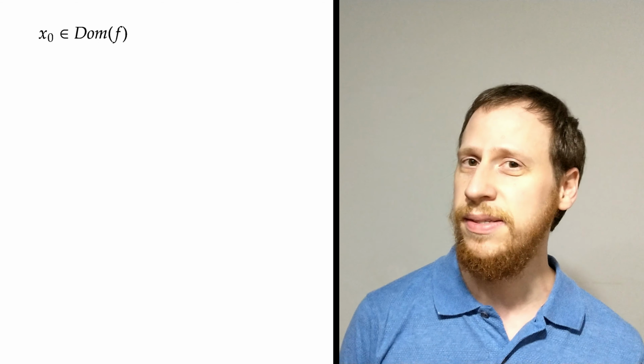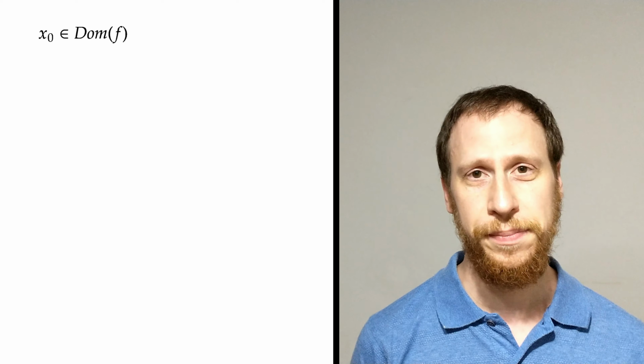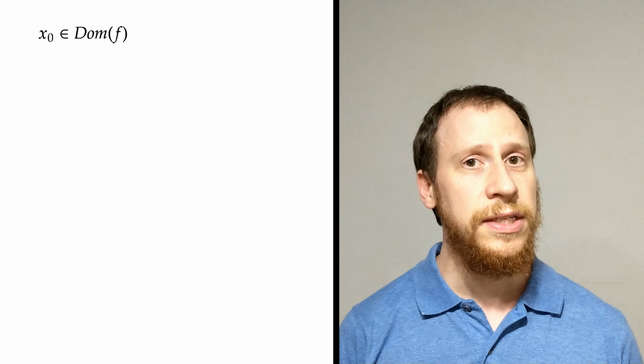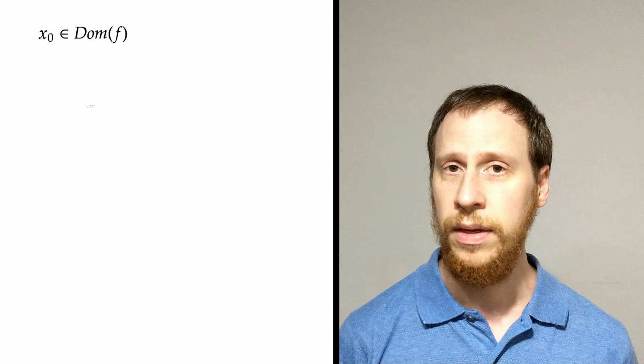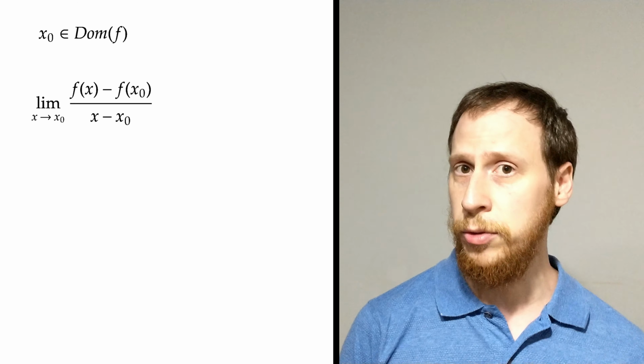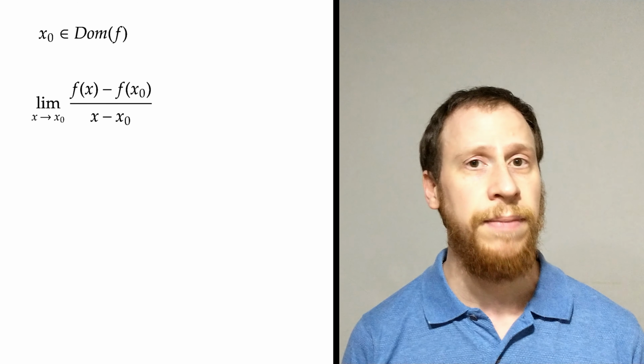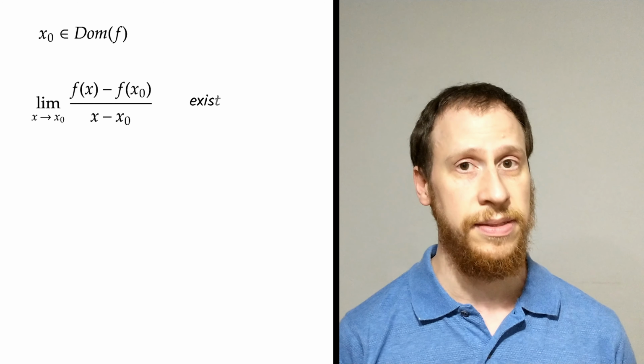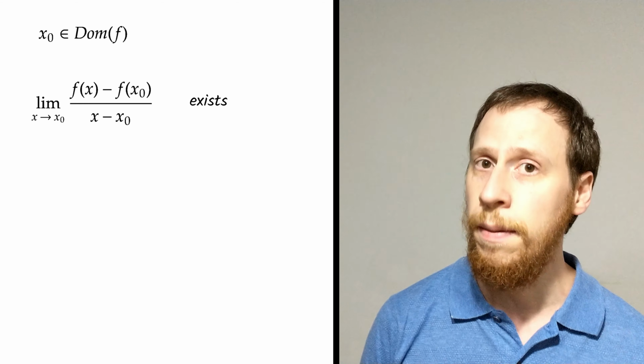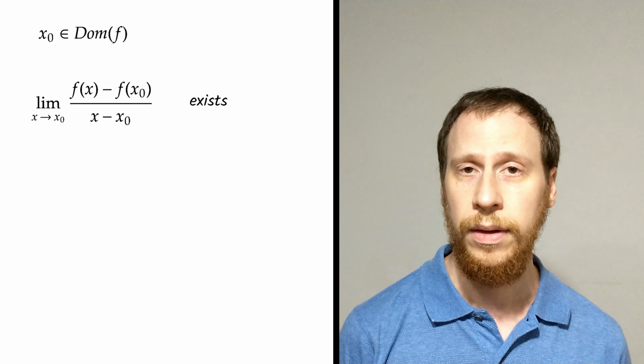Let's take a number x0 in the domain of the function. Since f is differentiable at x0, then the limit as x approaches x0 of f of x minus f of x0 divided by x minus x0 exists, which means it's a real number, it's not infinite.